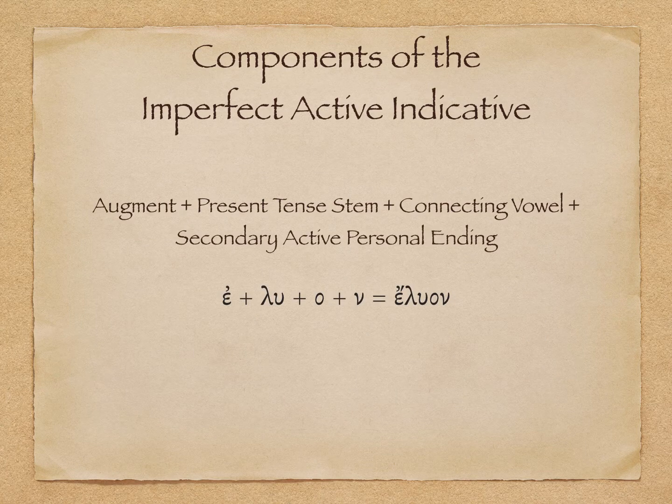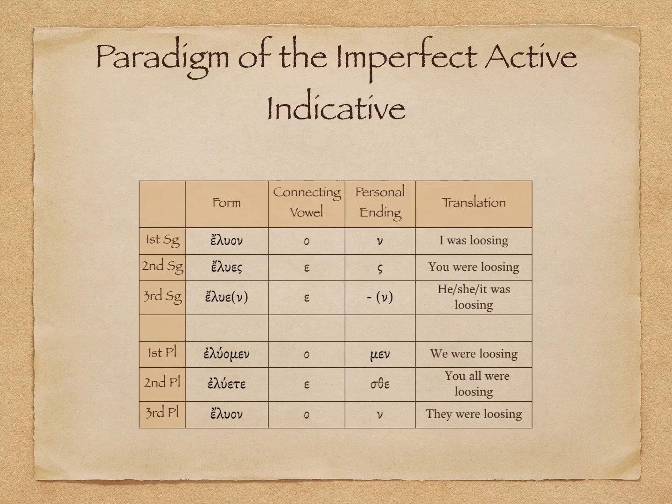Let's think about the components of the imperfect active indicative. You have the augment, the tense stem, the connecting vowel. The augment, again, is what sets the past time tense forms apart. And then the secondary endings. Here's the paradigm of the imperfect active indicative for luo. Eluon, you can see the connecting vowel pattern is the same.